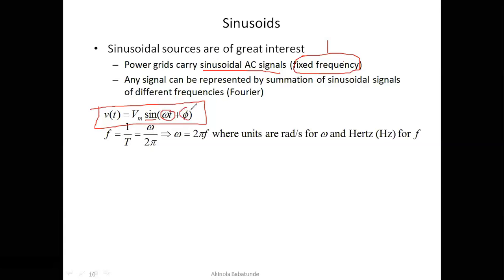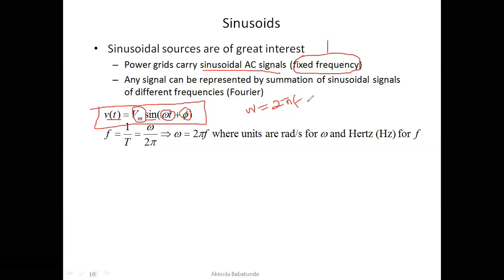Vm represents our amplitude, the peak or maximum value of the voltage, while V of t is the voltage at any instant of time t. W is equal to 2 pi f, we know that.